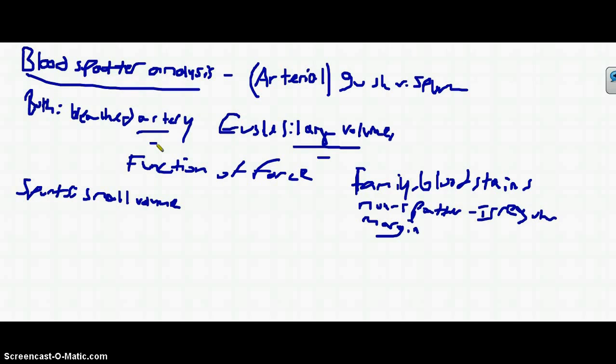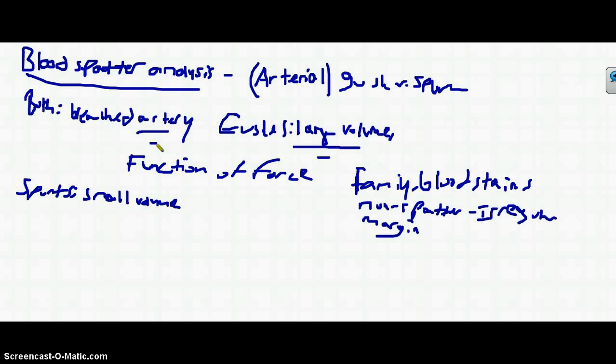Now, given a crime of someone putting a knife to someone's artery and slashing it or puncturing it, the arterial structure would just burst. So what would happen is we would get arterial blood spatter. And that's what we would get, hence why we call it arterial. And it's up to us to determine if it's gush or spurt or even splash.